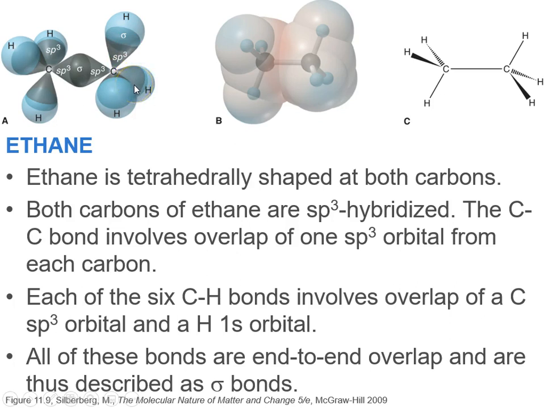Here's the ball and stick that shows the tetrahedral geometry. Each carbon formed sp3 hybrid orbitals, one sp3 on each carbon overlaps to form the carbon-carbon single sigma bond, and the others left over form carbon-hydrogen bonds, so we have single or sigma bonds there as well.